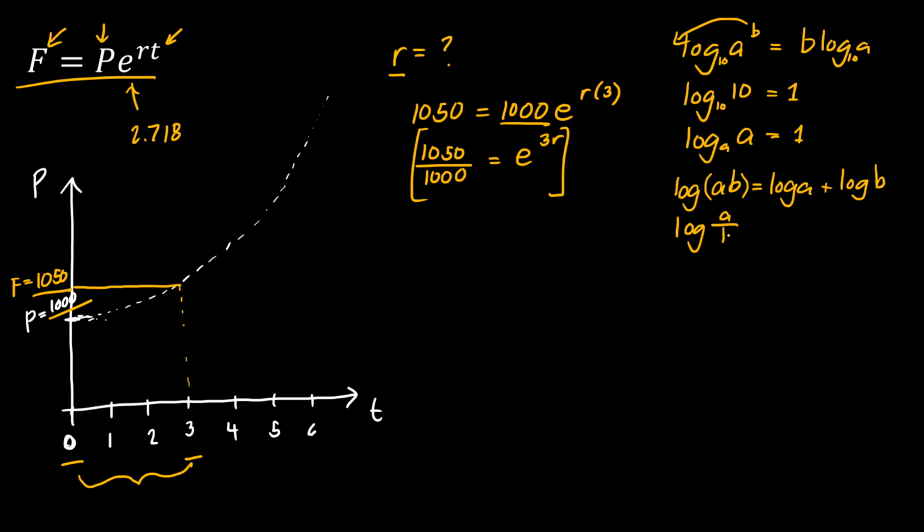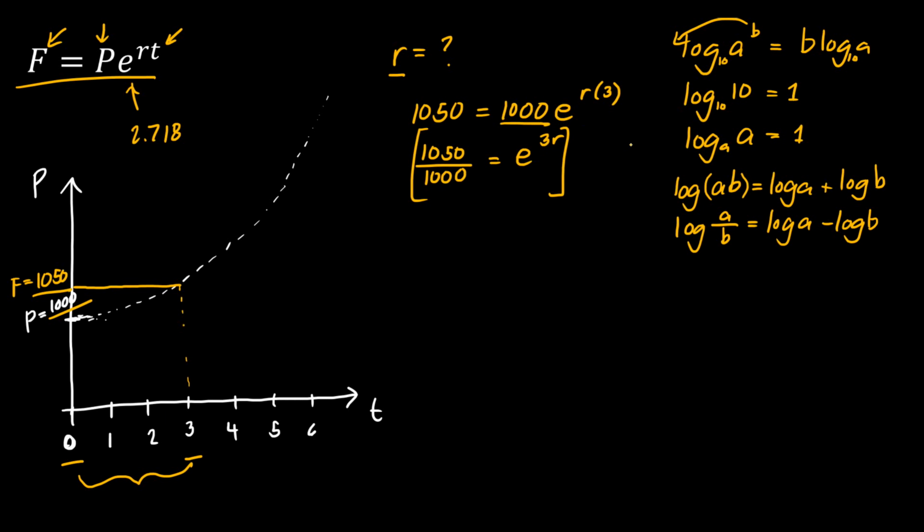If you have a quotient, then you can express this as the log of the numerator minus the log of the denominator. So a difference, right? These are rules of logarithm that we can apply to solve problems involving exponential growth, problems involving unknowns in the exponent.